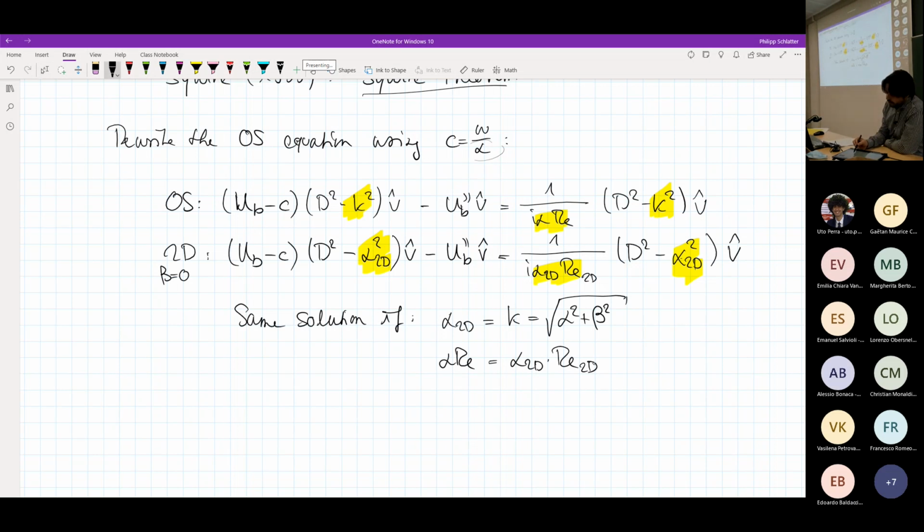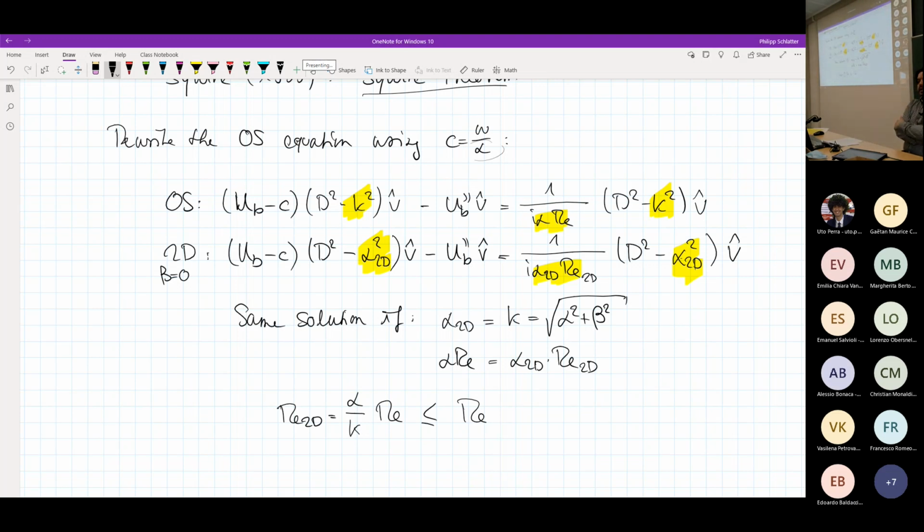Now this becomes interesting, because now I can solve this for Reynolds 2D, which is alpha divided by k times Reynolds, because alpha 2D is the same as k. And obviously, because alpha divided by k is lower than 1, Reynolds 2D is lower than Reynolds.